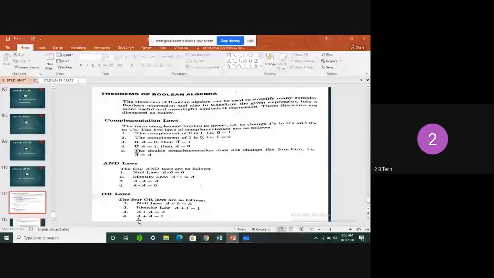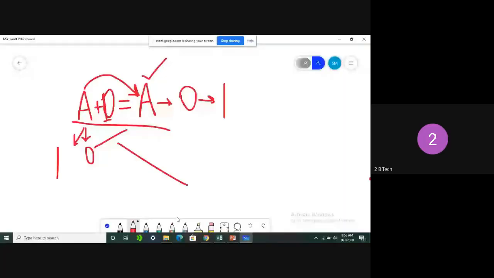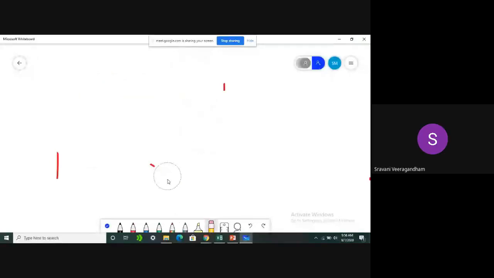In the previous identity law, A plus 1 is always 1. And see here, A plus A bar is equal to 1, always equal to 1.